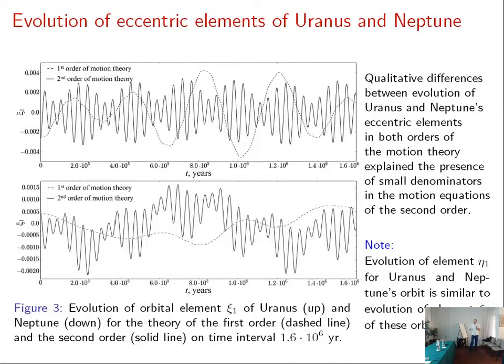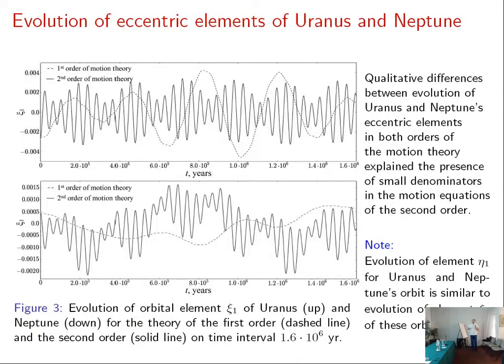The lower figure represents the evolution of element Xi first for Neptune's orbit. Dashed lines correspond to first order of motion theory, and solid lines correspond to second order of motion theory.